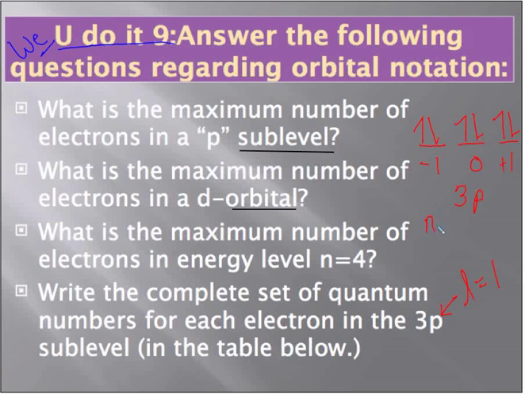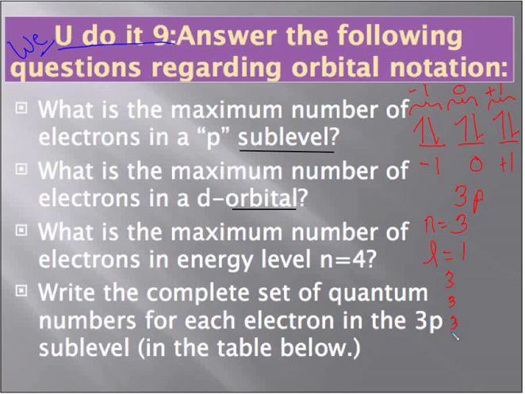Now, this is 3p. That means every electron in here has n equal to 3. Since it's a p sublevel, it also means every electron on there has L equal to 1. Now, we're going to get a little bit of a distinction because these two electrons have m sub l equal to -1, these two have an m sub l equal to 0, and these two have an m sub l equal to +1.